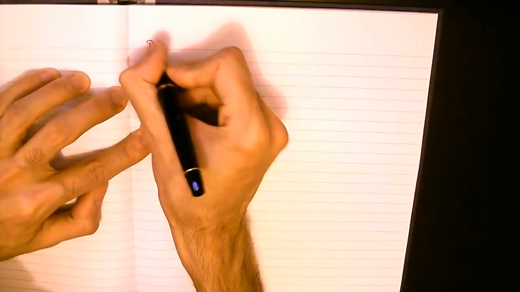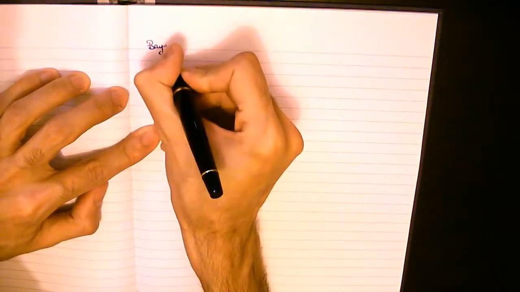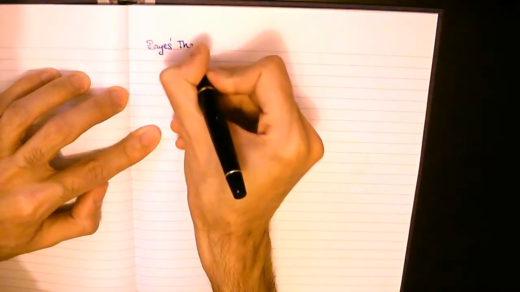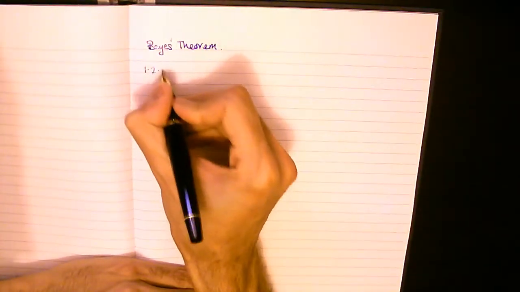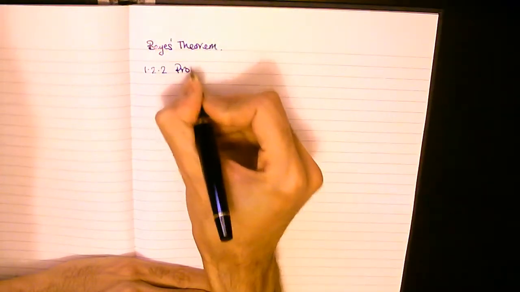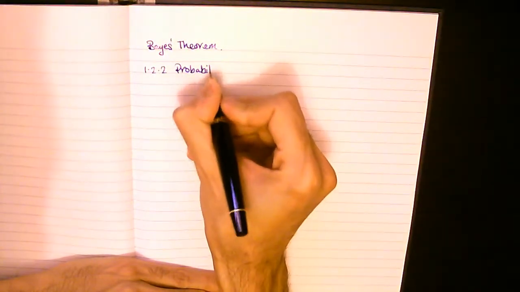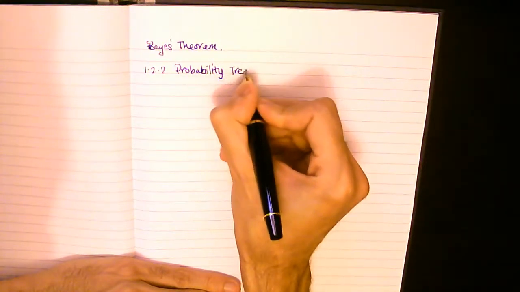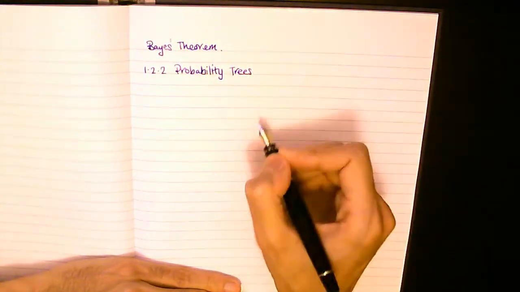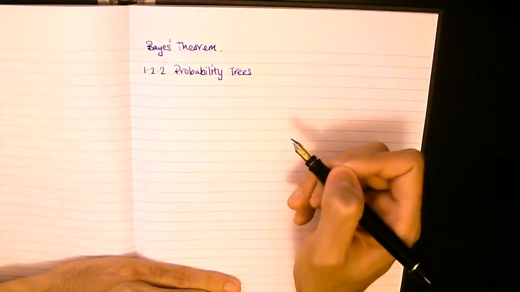This was in section 1.2.2, which is about probability trees, Bayes' theorem as it relates to probability trees.